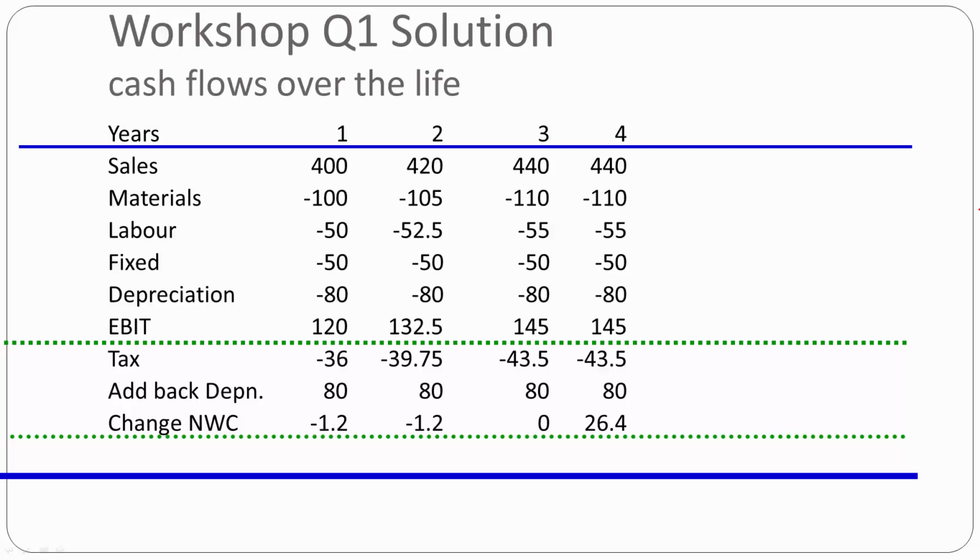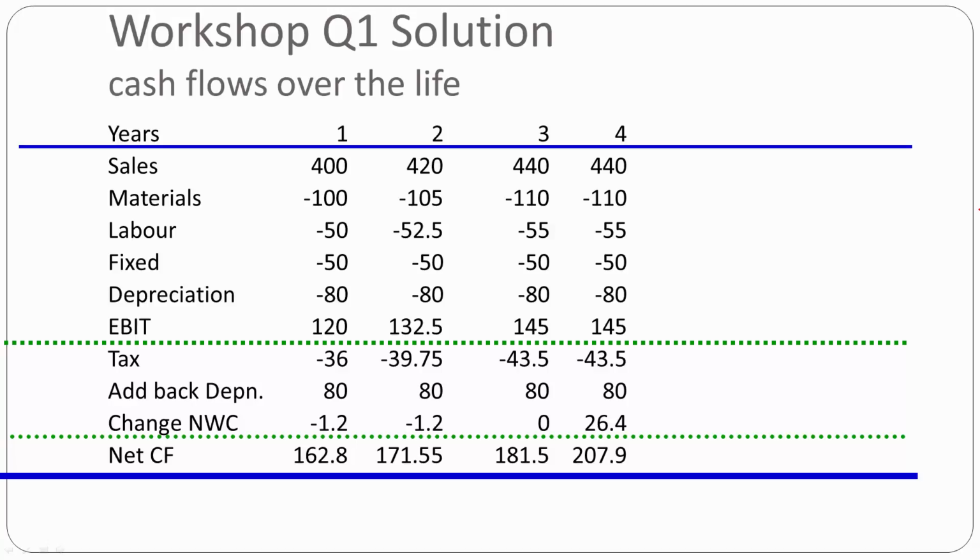So if we take 6% of 420 and take off what we've already got in inventory, which is the 24,000 we put in the beginning, we've got to invest an additional 1.2 in both years 1 and 2. Our sales don't change between years 3 and 4. There's no additional investment at the end of year 3. And at the end, when we wrap up the project, all the funds from the inventory get released and come back to us. So there are our net cash flows over the life of the project.